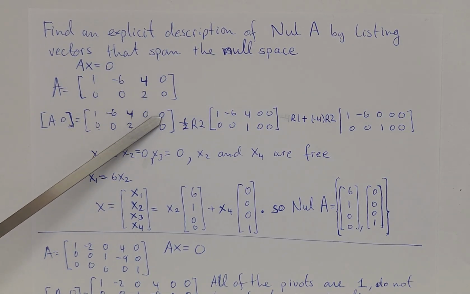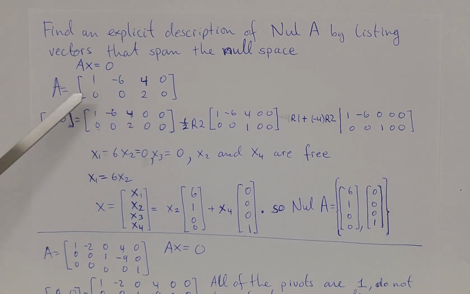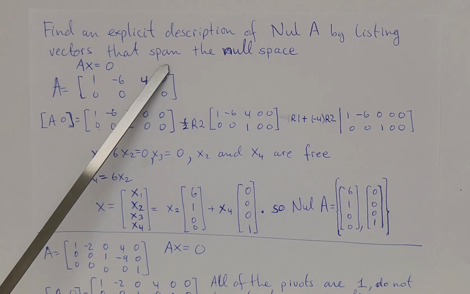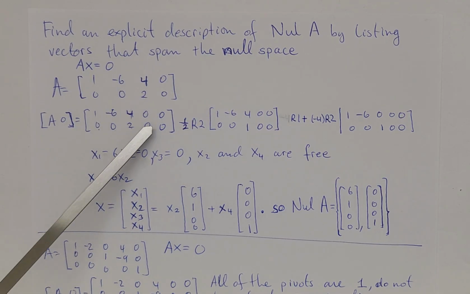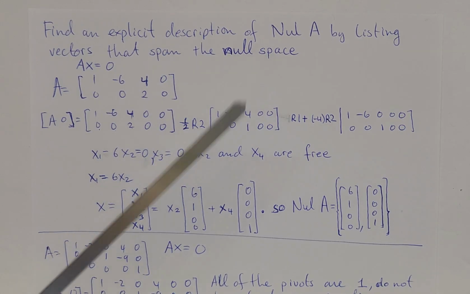Be very careful when it says find the vectors that span the null space. You must put an extra column of 0 so that you can solve for x. One more time, when it says find the vectors that span the null space, you must put another column of zeros so that you can solve for the vectors that span the null space.